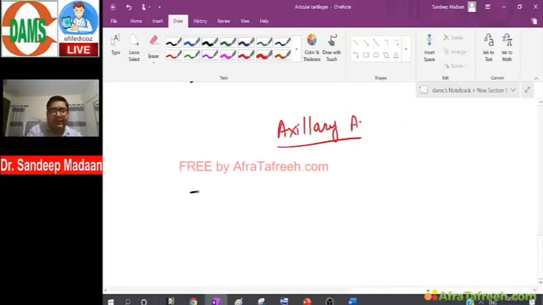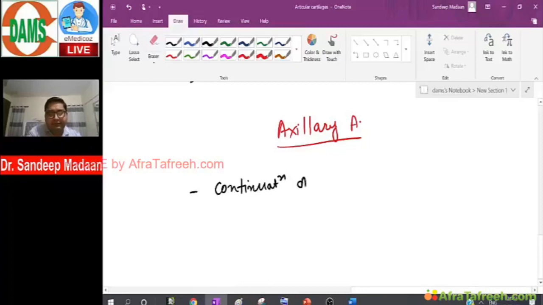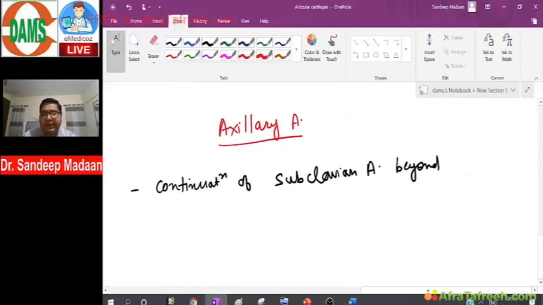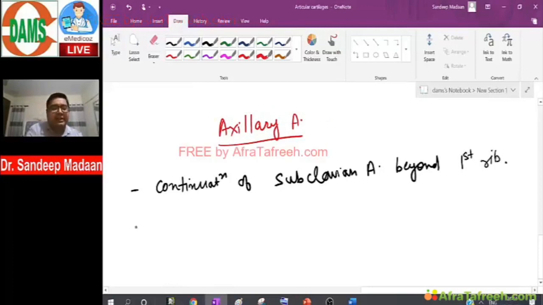Write down, it is a continuation of subclavian artery beyond the first rib. Because as soon as it crosses the first rib, it enters the axilla, and as it enters the axilla, it is called the axillary artery.